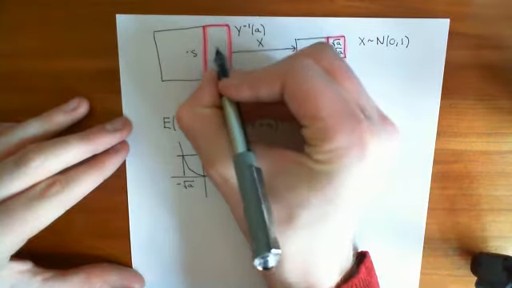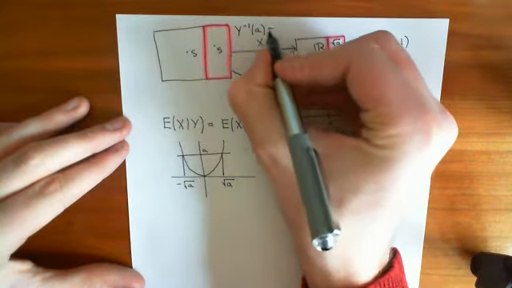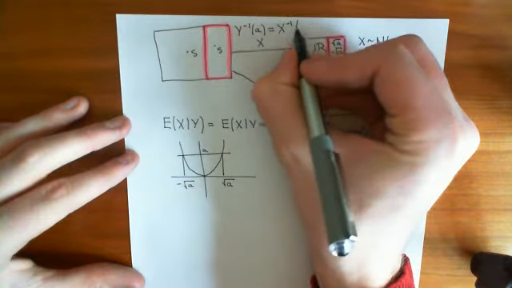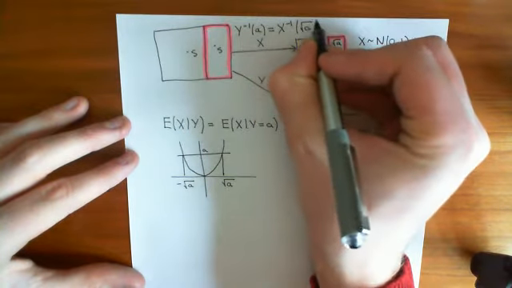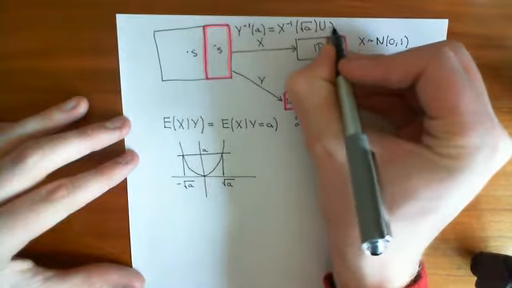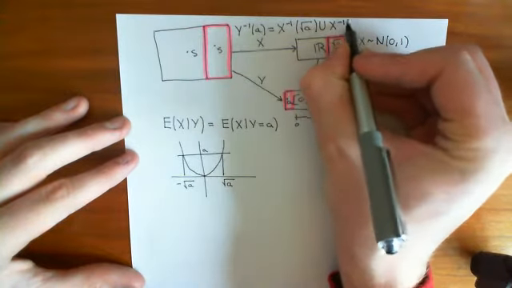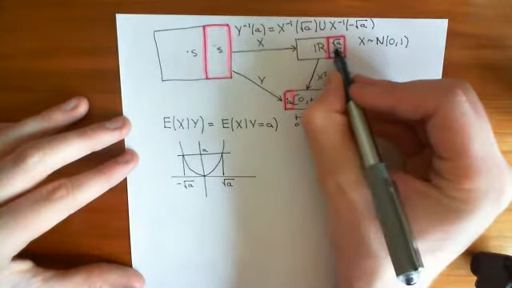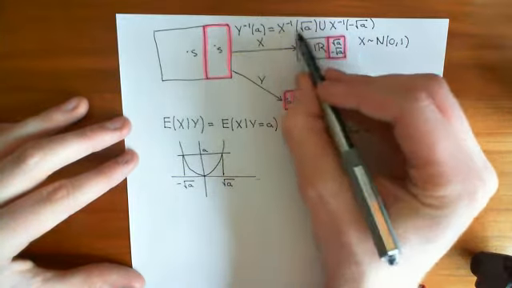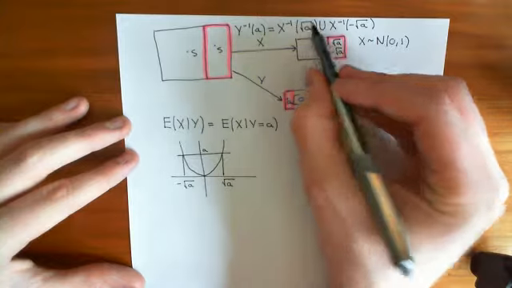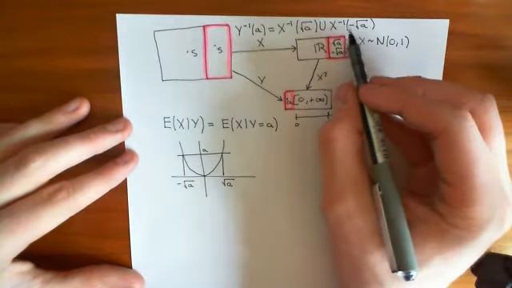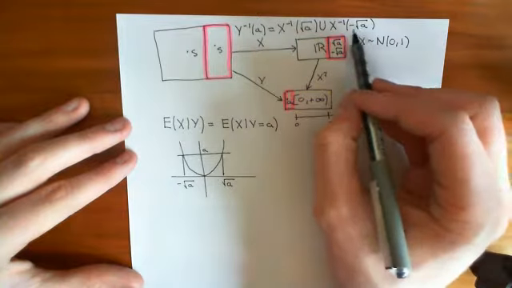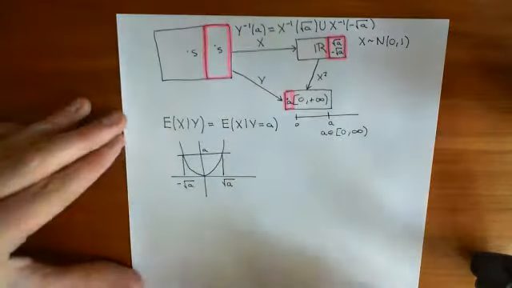Basically, it is the union of the inverse image under x of the square root of a with the inverse image of the negative of the square root of a. So take all the points which were mapped onto the square root of a by the function x, that's this bit here, and join that together with all the points which were mapped onto the negative of the square root of a by this function x.